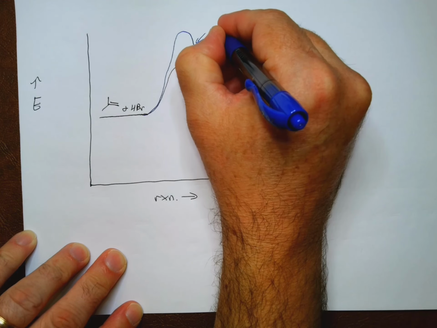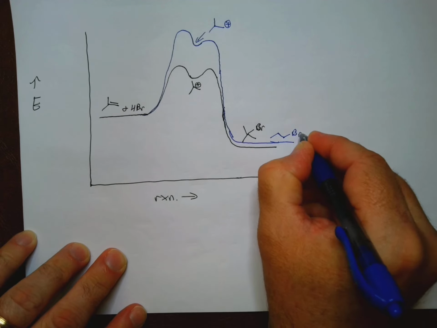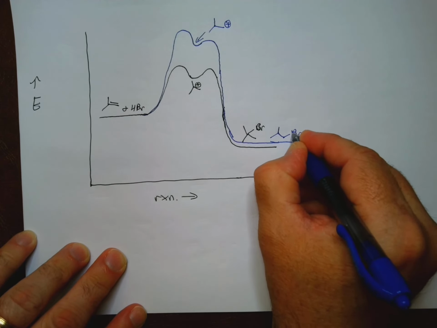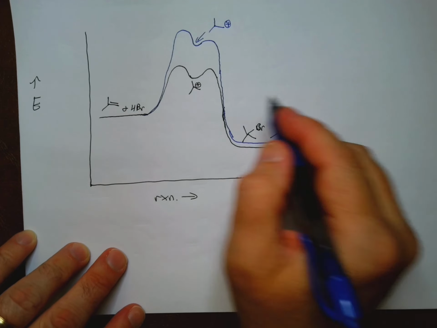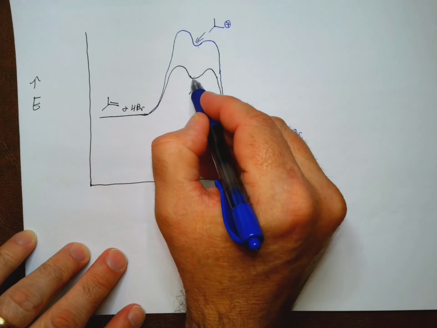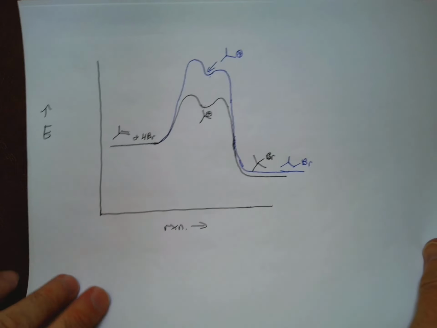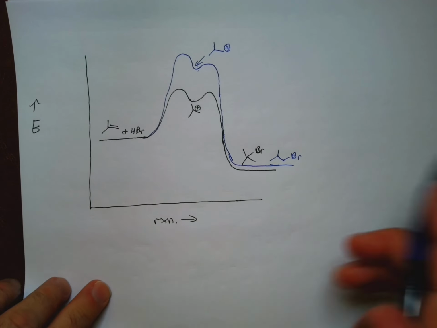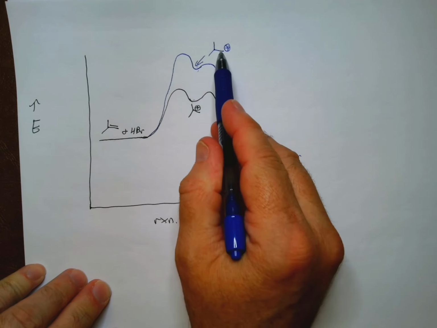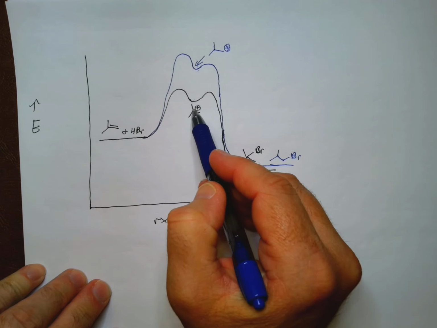And then it ends up giving us, I don't know what the final energy is, but it's probably pretty similar here. Maybe slightly higher in energy. But the key here is that we have a difference in the stability of our intermediate, and that stability is due to the type of carbocation.